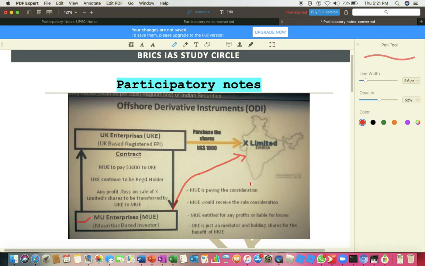Am I clear? Unless and until it is registered with SEBI, and moreover, remember, any investment that is coming from foreign countries can come in the form of two. One is in the form of a foreign institutional investor, and when a foreign institutional investor invests in the stock market in Indian companies, we call it foreign portfolio investment.